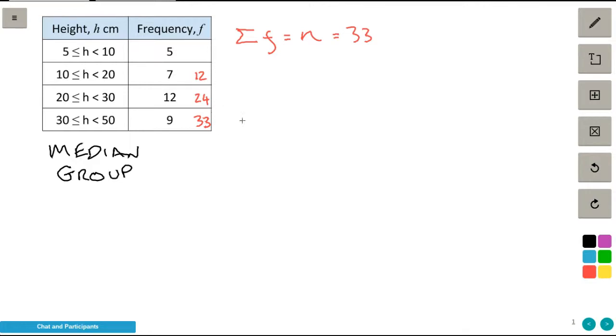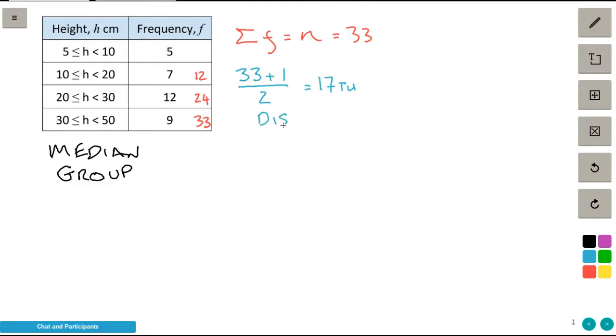Now with discrete data, what we would have done to find the middle position is we would have taken, if you remember, the 33 and added 1 and then divided by 2. And that calculation would find the middle position of that discrete data. So that would be 34 over 2, which would be 17. So the 17th position for the discrete data.